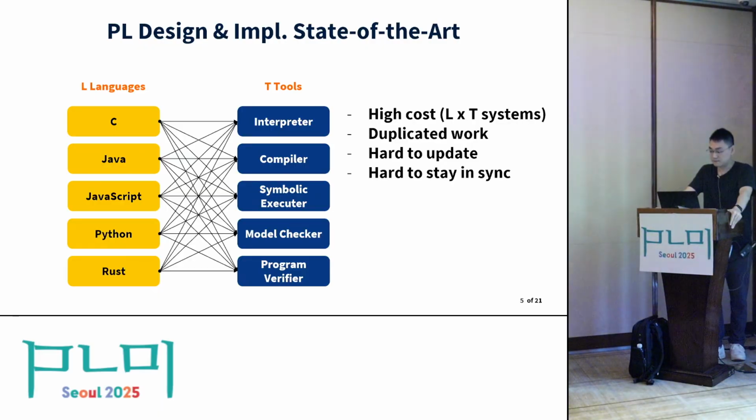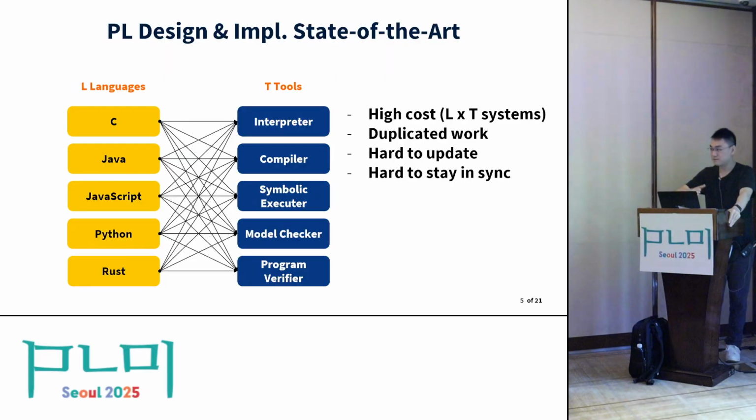Why? Because imagine now you want to add a new feature to Java. And imagine the amount of work you have to go back and change all the related tools. That's a big effort. So programming languages actually become reluctant to embrace new features if you do the tools this way. And it's very hard for the tools of the same language to stay in sync with each other as well.